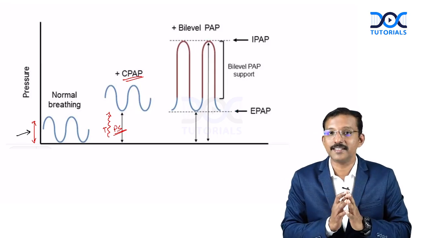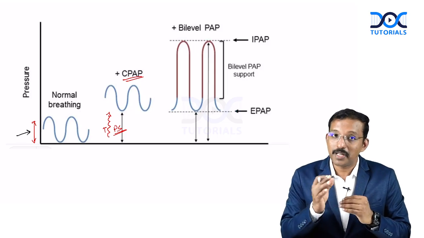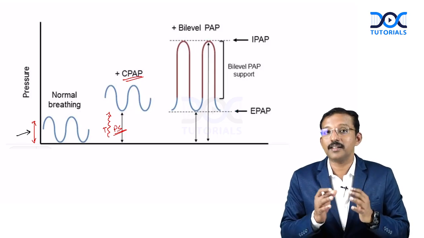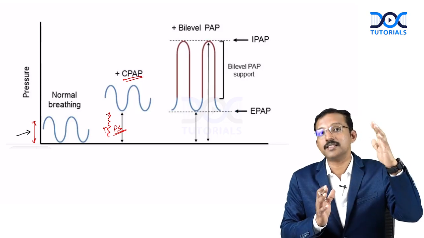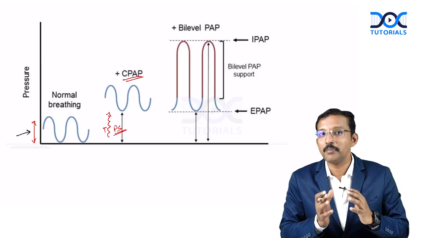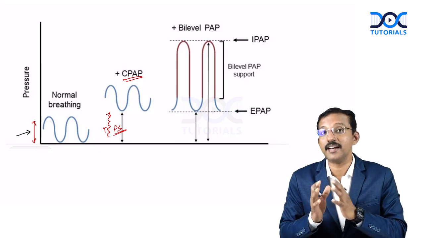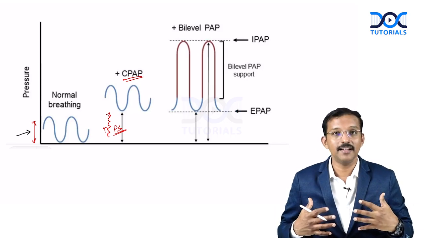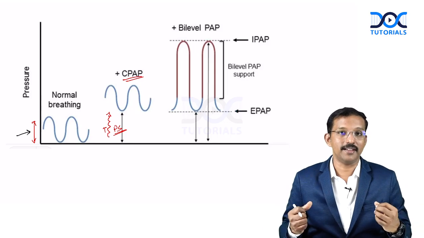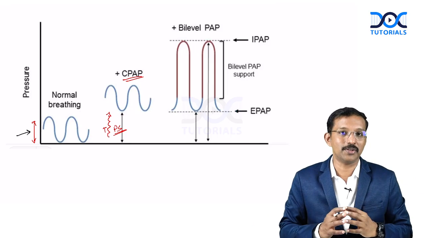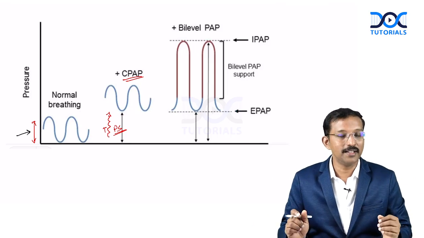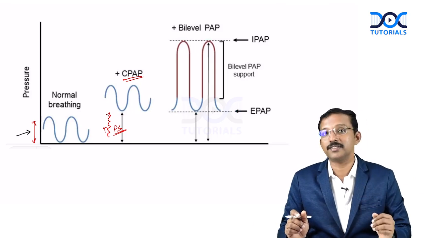Now, in this case, if you want to make it much better, if you always provide a positive support whenever the patient is inspiring and expiring, it may produce something known as air trapping. Air will remain in the lung and it will cause air trapping. The lung will stay expanded without collapse, which is also not good. The peak airway pressure goes up. This happens especially in cases of COPD.